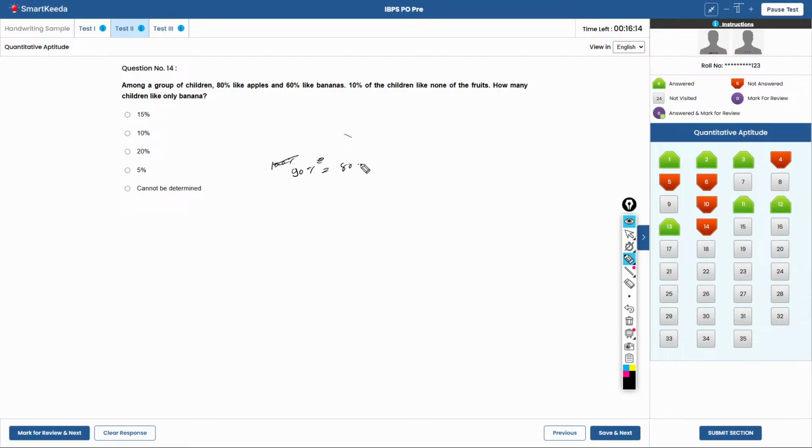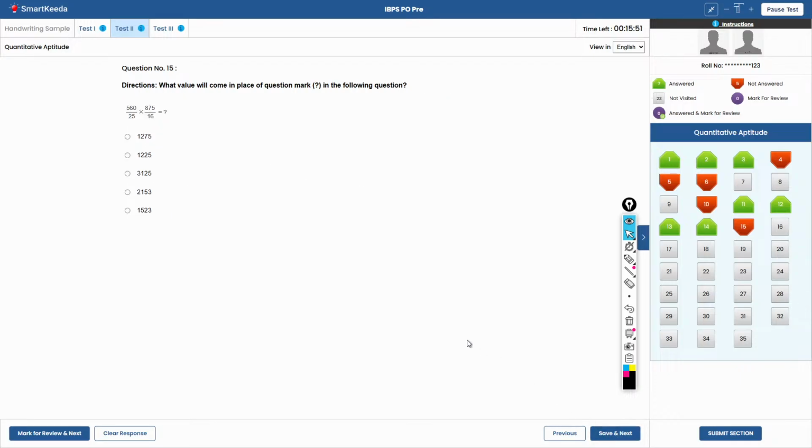That is 80 plus 60 minus that thing. So this is going to be 140. So 50% like both, then 50, 30, and then 40. Yeah. So 10% like only banana. What is the value that will come in the place?